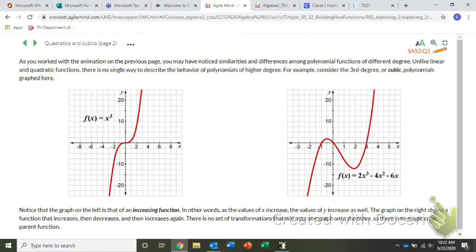For example, consider the third degree or cubic polynomials graphed here. If you look here on the left, f of x equals x cubed is only increasing.